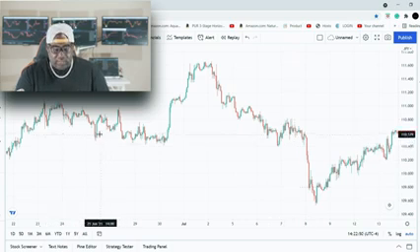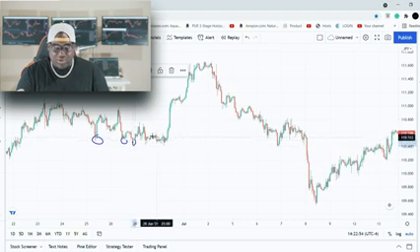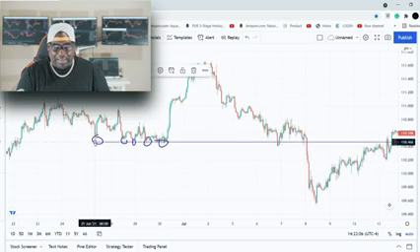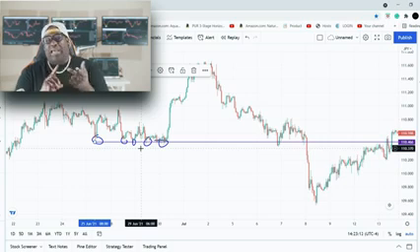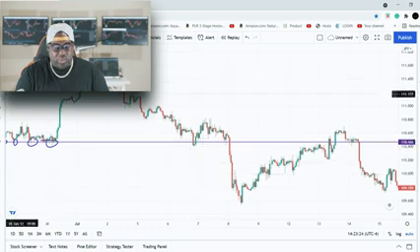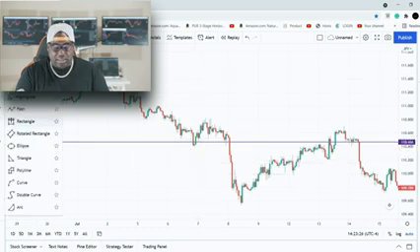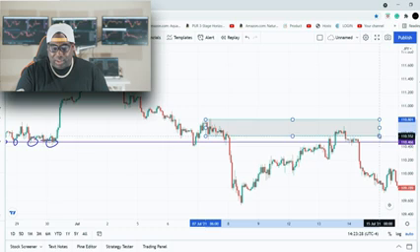So right here, guys, we have support that actually turned into resistance. So we have this nice support, and this support right here is going to turn into resistance. So we have resistance and we have a supply and demand zone lining up. And notice how we have the market basically coming to that supply zone right here.